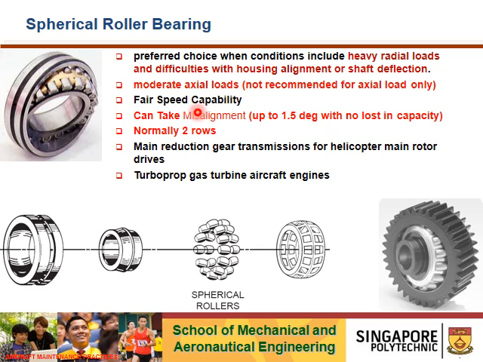It can take misalignment up to 1.5 degrees as shown here with no loss in capacity. Normally it's 2 row. It is used in the main reduction gear transmission for helicopter main rotor drive, or a turbo propeller gas turbine engine.